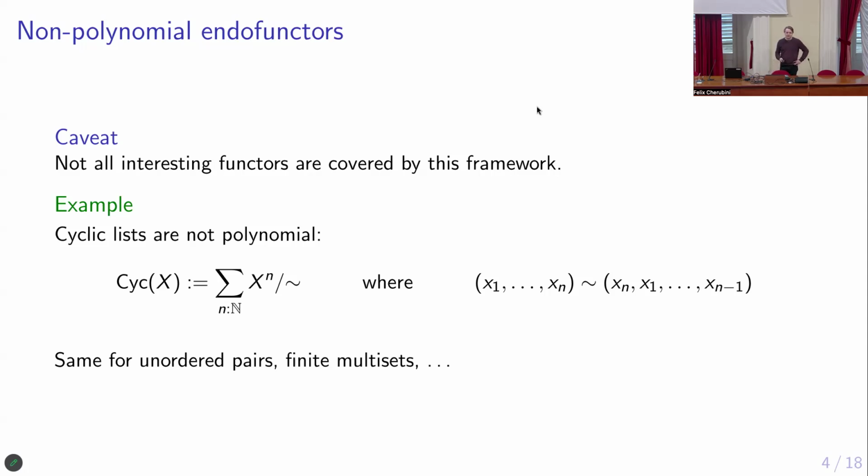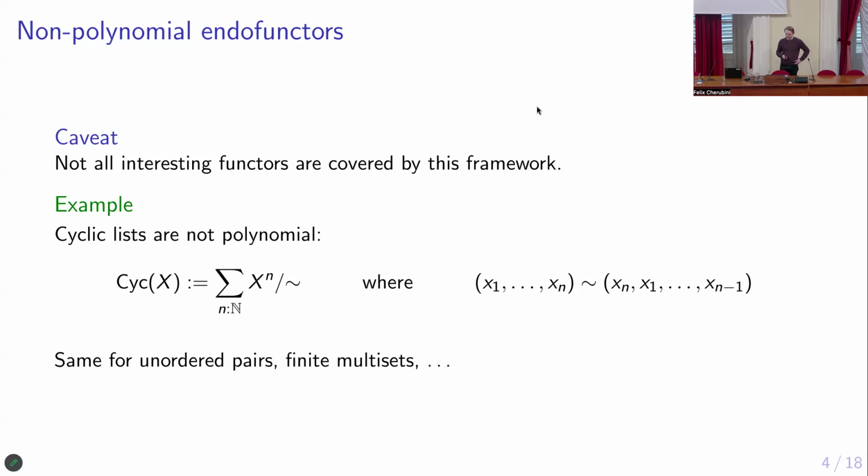You could try to do very similar things for unordered pairs or finite multisets, but the cyclic lists are going to be the running example. And that clearly doesn't fit what I had on the previous slides, because there it was just a sum of products, and here it is a sum of some sort of quotients of products.